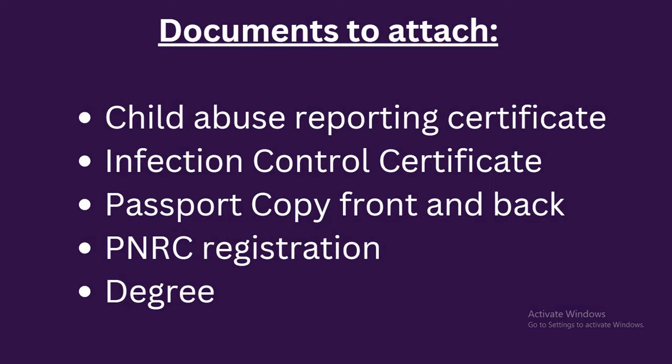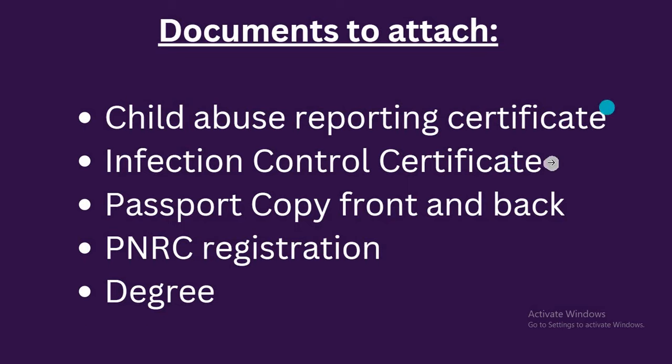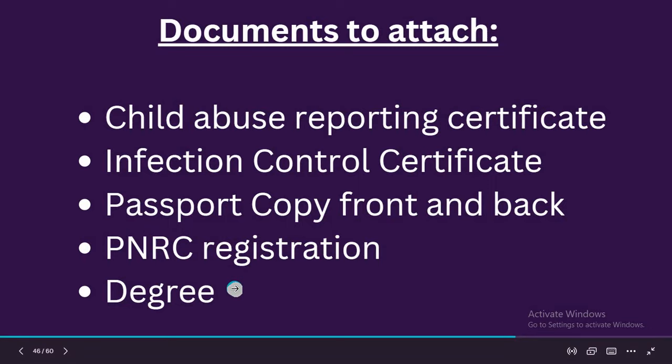So coming to the documents which you have to attach with this application form. Now the form 1 is complete, right? Apart from that, if you have already done the courses, you will be uploading the child abuse and infection control certificates, and you will be uploading your passport copy, PNRC registration, and a degree copy, right?